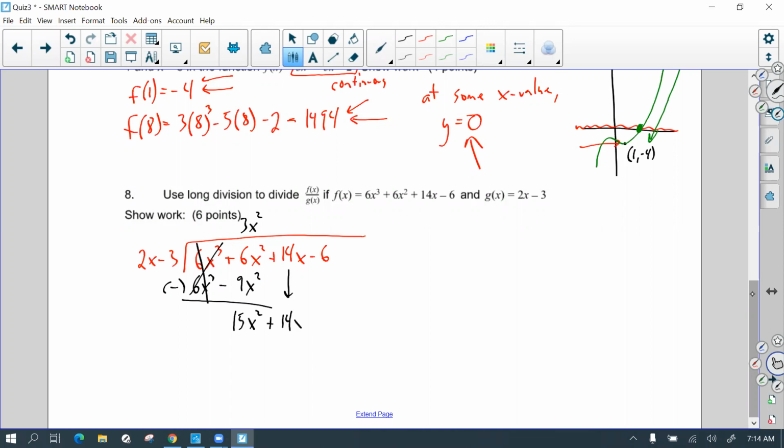Now you need a number that cancels out the 15, and unfortunately it's going to be 7.5. So 7.5 times 2 is 15x squared, and then minus 22.5. These cancel out. 14 minus a negative 22.5 is 36.5x. Drop down the -6.